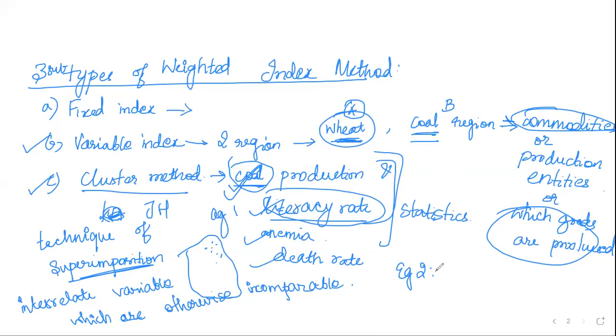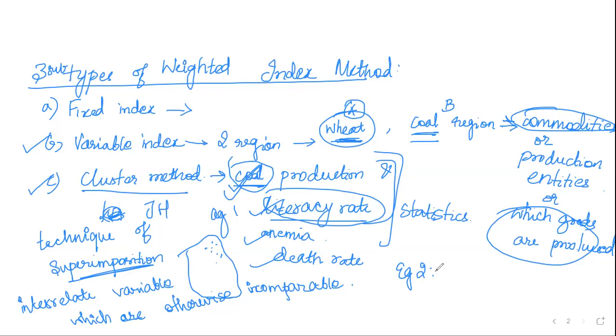Wherever the rainfall is high and the groundwater is high, I can cultivate rice, maybe sugarcane. So this will in turn tell me how the farmers are choosing a particular crop on the basis of different parameters. This is the cluster method. This is the technique of superimposition that we are following in the cluster method.